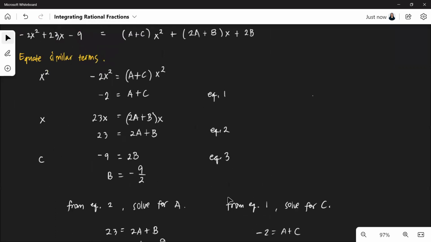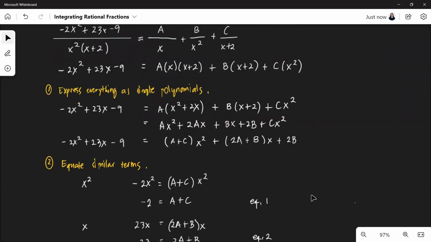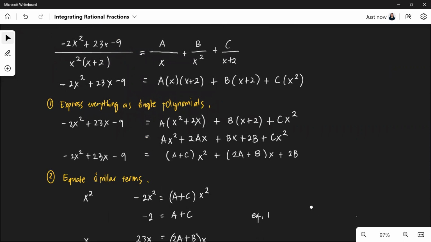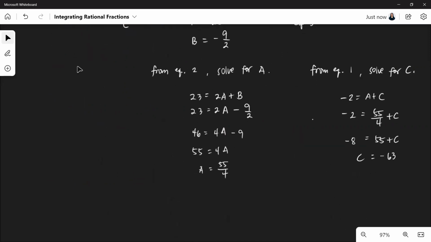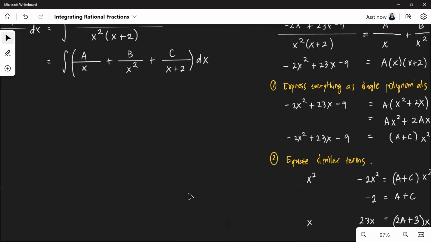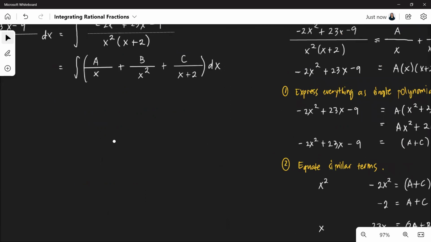Therefore, the expression: a over x, so we have 55 over 4 over x, or you can write it as 55 over 4 times 1 over x if you want to.